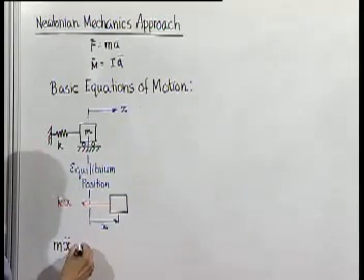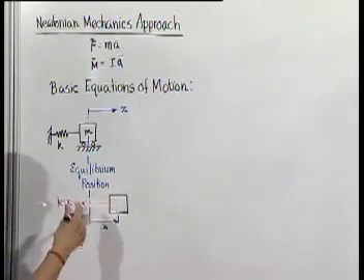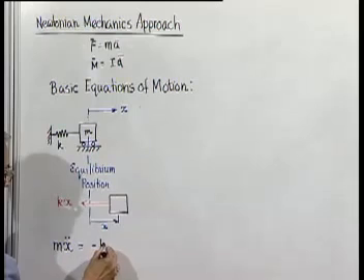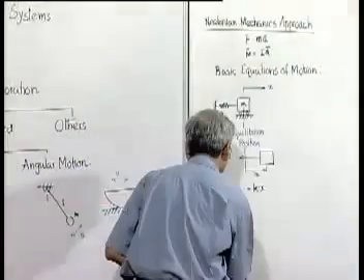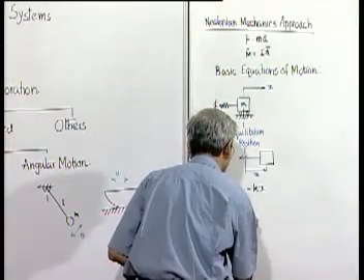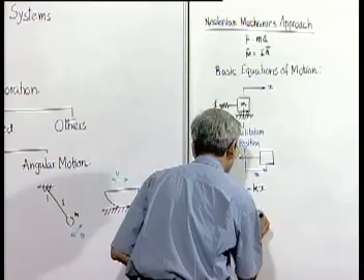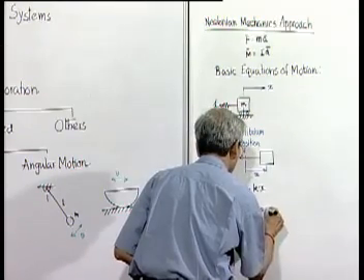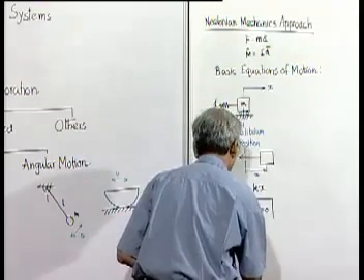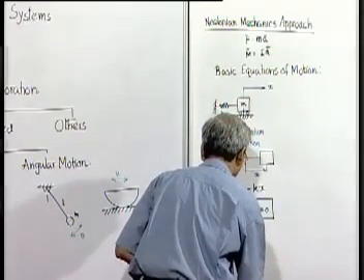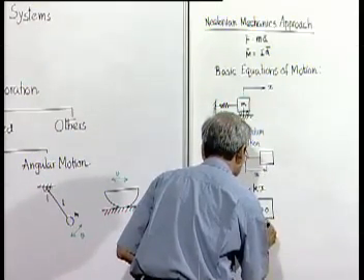How much is the force in that direction? It is minus kx. Minus because the force is actually in the negative direction. So, the basic equation we get is x double dot plus omega n square x equal to 0, where of course in this case omega n square is k by m.